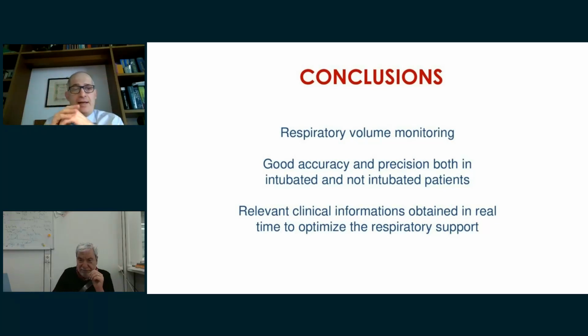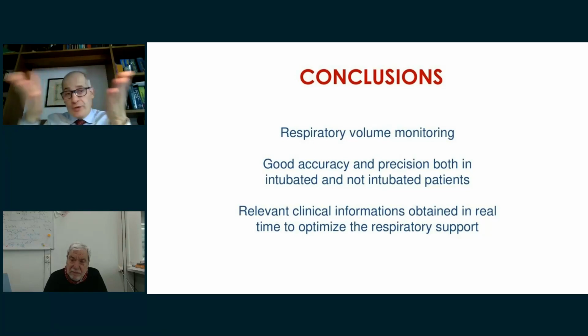This seems related, though there are just one or two works, to the inspiratory effort, but it's not the same. So you don't have an exact idea of the inspiratory effort. But for example, you can also use the change in central venous pressure to get an idea regarding inspiratory effort.